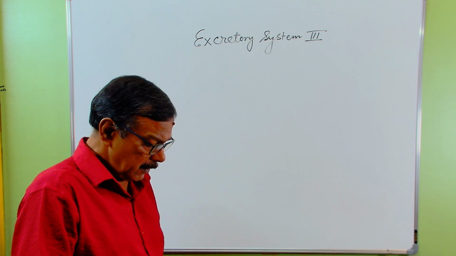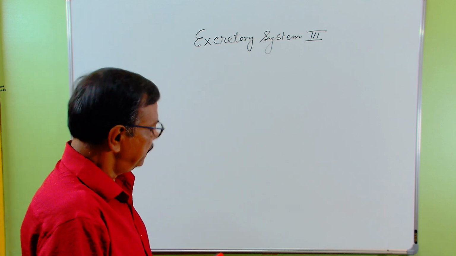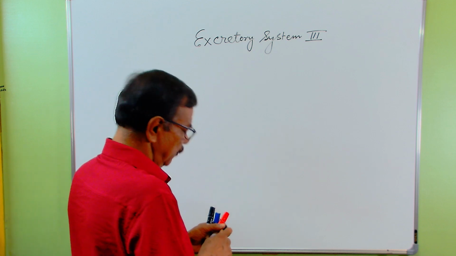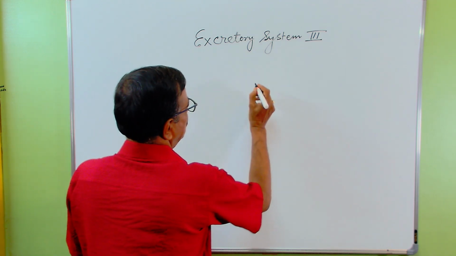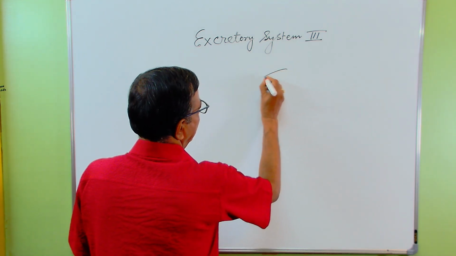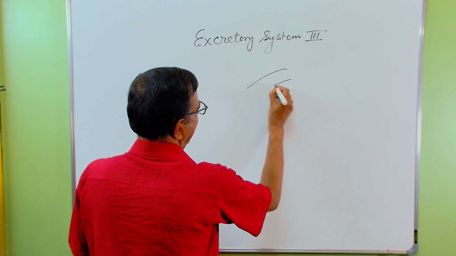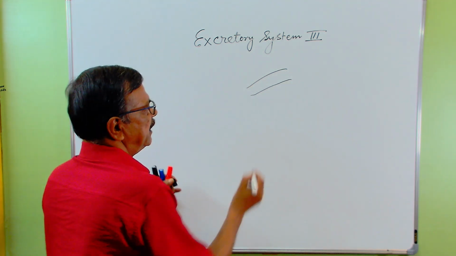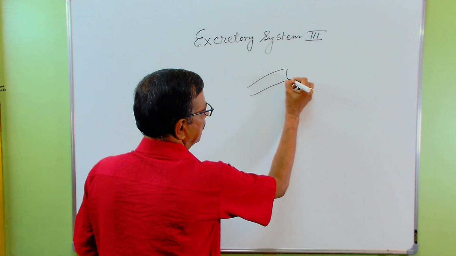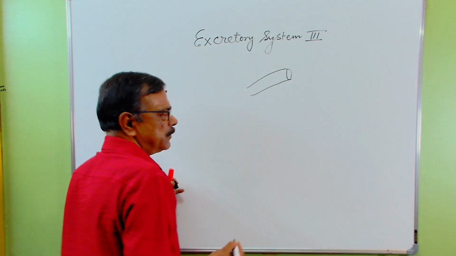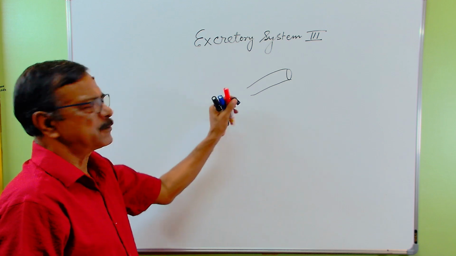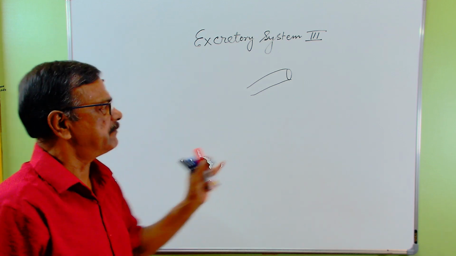Now, what we have seen is that the afferent arteriole is coming and forming loops within the Bowman's capsule, forming the glomerular tuft.